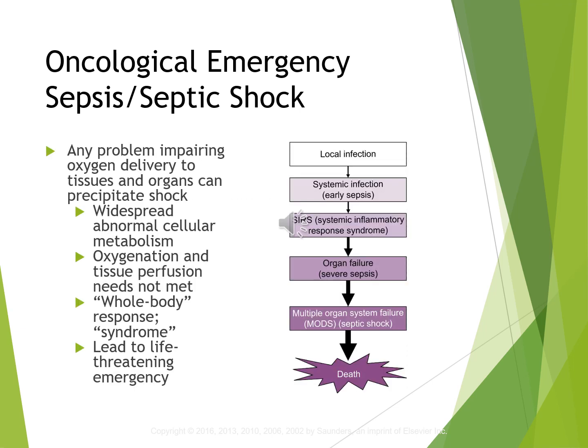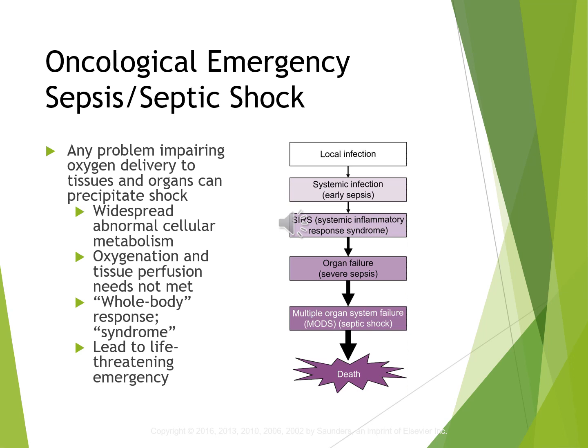This slide has it in a little algorithm chart all the way down, and there's some information to the left. Basically it's a local infection or any problem that starts out and impairs oxygen delivery to the tissues and the organs. This is what precipitates the shock.